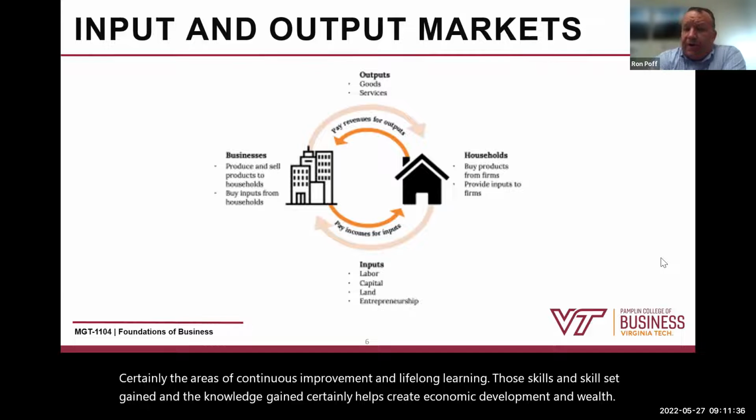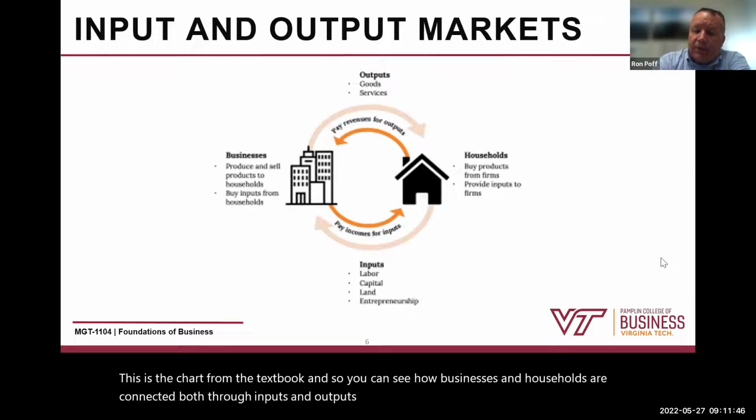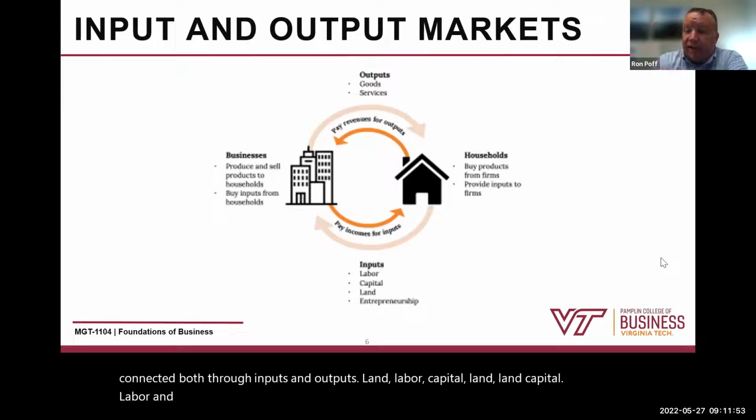This is the chart from the textbook. And so you can see how businesses and households are connected, both through inputs and outputs: land, labor, capital, and entrepreneurship kind of being shared by both households and businesses.